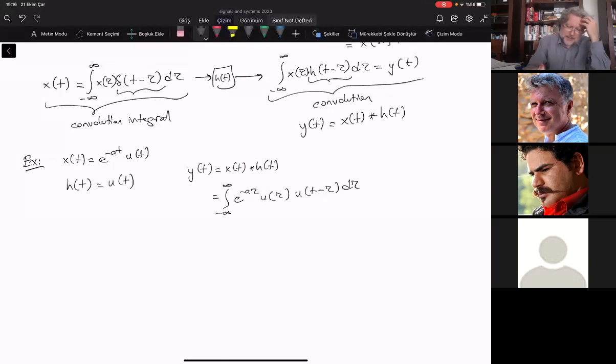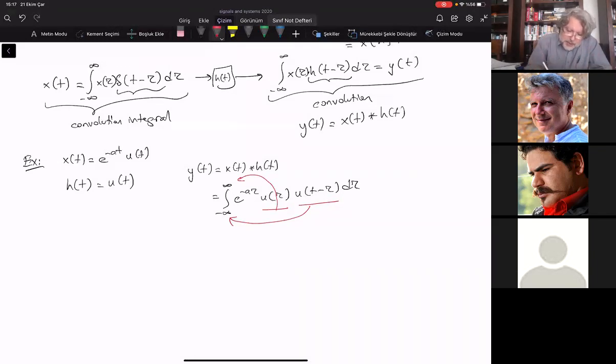There are a few things that we must notice. It's very critical to analyze these u functions, because they will be reflected in the upper and the lower bounds of the integration. u of t is showing me where to start and where to end in this integral. Otherwise, it's from minus infinity to infinity. But for some values of tau alongside this integration, the integrand becomes 0.